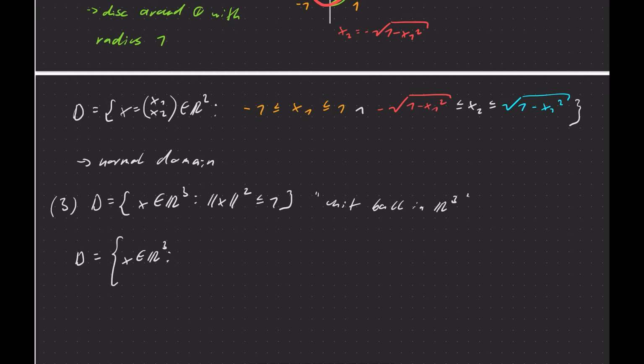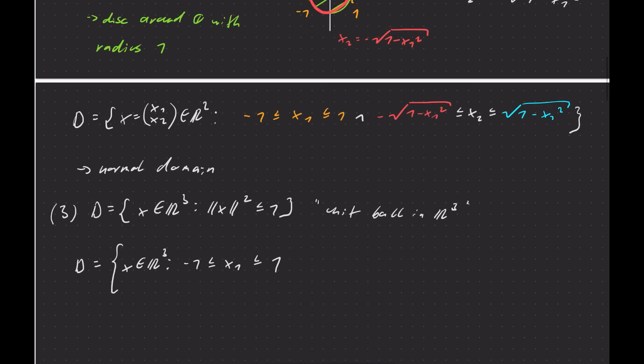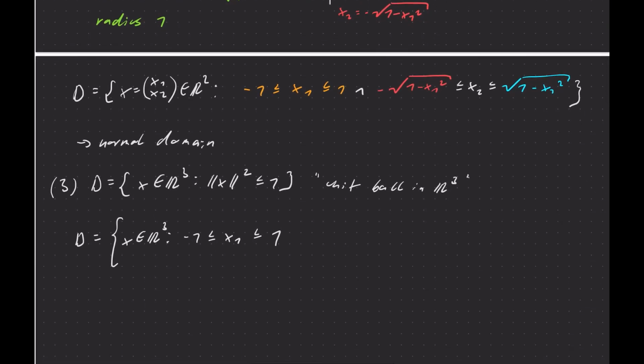So this is all x in R3. Again, x1 varies between -1 and 1. Then of course x2 is again restricted to that circle. If we have a ball and cut it through the x1, x2 plane, then we get a circle.